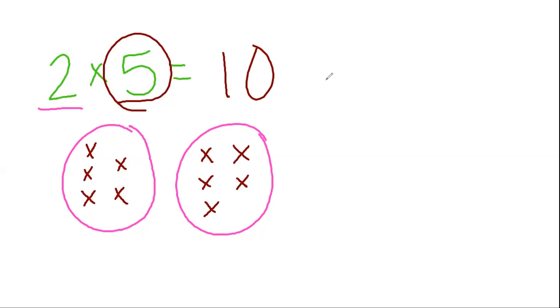Try another one. What if I have 4 times 3? Write that down, pause, and solve. Let's check your work. My first factor is 4. That tells me I have 4 groups.